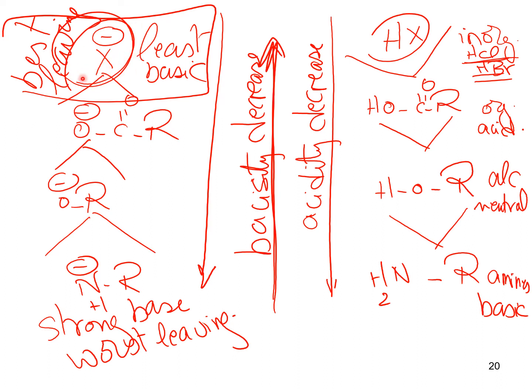So they have the best leaving group and they have the highest positive charge. Followed by the carboxylates, which are the anhydrides. They have a lower positive charge than acid halides and a lower leaving capability. Followed by the alkoxides or the esters, followed by the amides, where their leaving group is the amines.